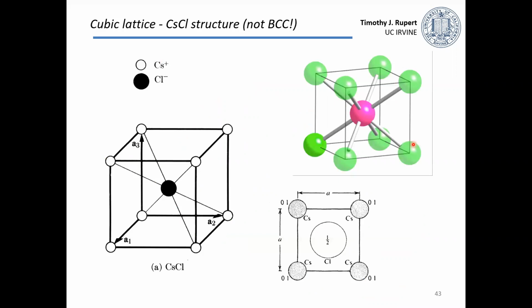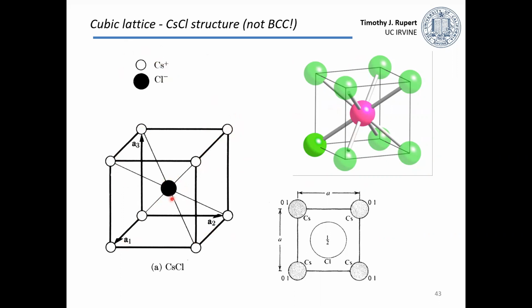One thing I want to point out is that you can't just think about where the atoms are in those cubes. You have to also think about what element you see there as well. So for example, I showed you cesium chloride earlier, and this is just redrawing it. In this case, there's a chlorine atom in the middle, and there's cesium atoms in the corner.